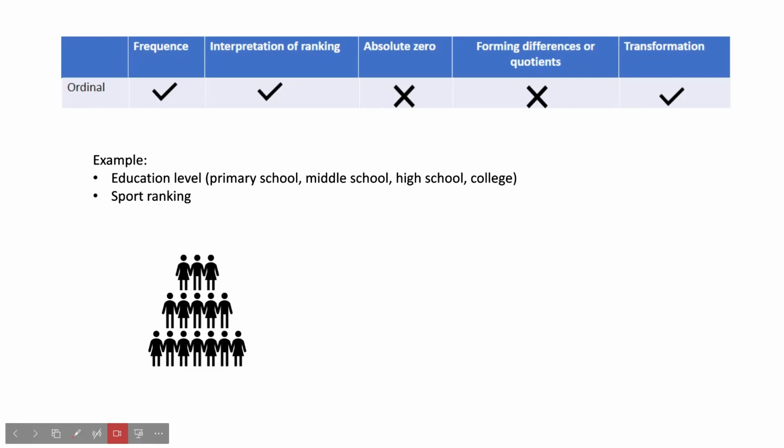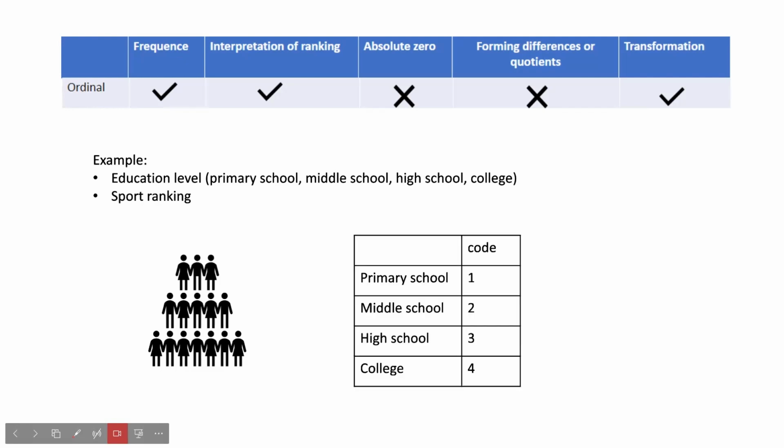This is the sample, and we have 5 levels of education. We can categorize these participants into 5 groups, and we can code the 5 groups with numbers from 1 to 5.